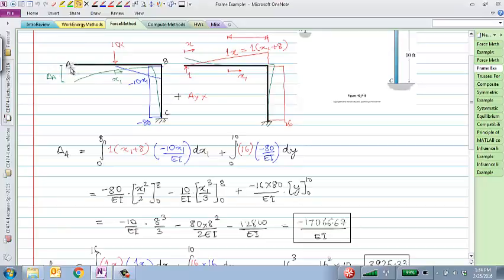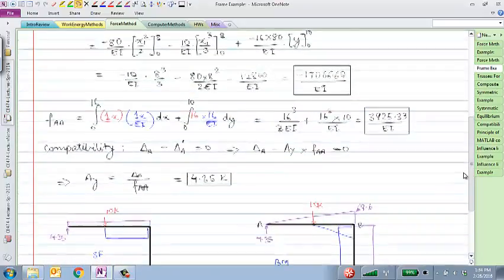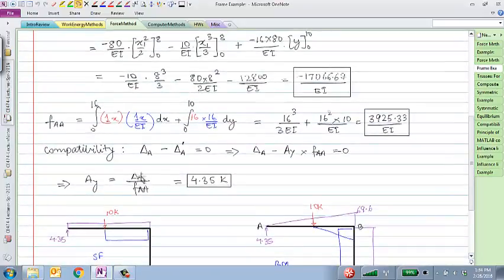It simply means since the unit load was applied upwards, the delta A is actually pointing downwards. So when I use that value in the compatibility equation, maybe I'll write that as well here.